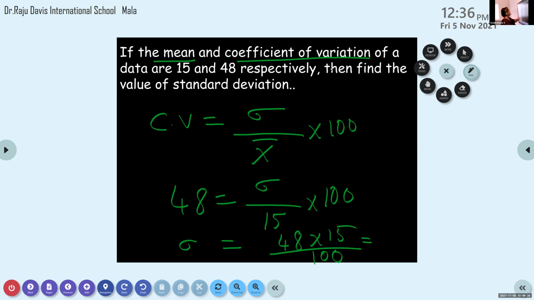Pavitra, correct. Abdul Aman, just tell whether you are present or not. Present? Just check. Abdul Aman. No. Okay. Alan Thomas, absent. Alan Verghese, absent. Aparna, present.